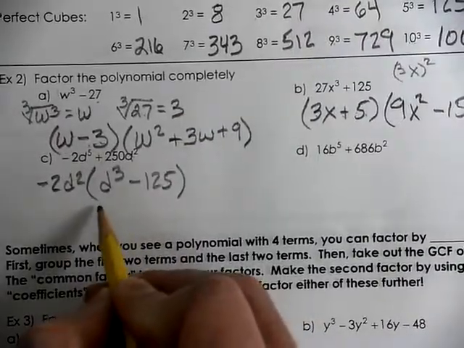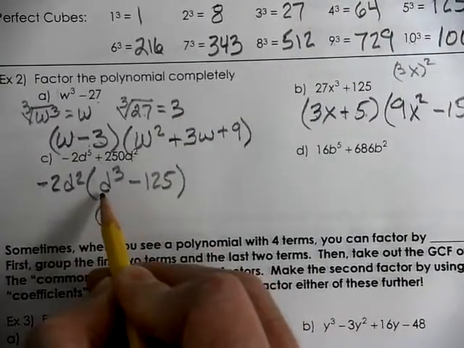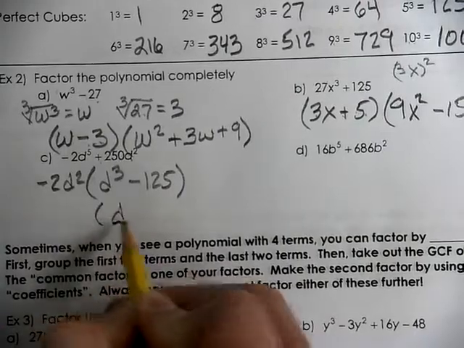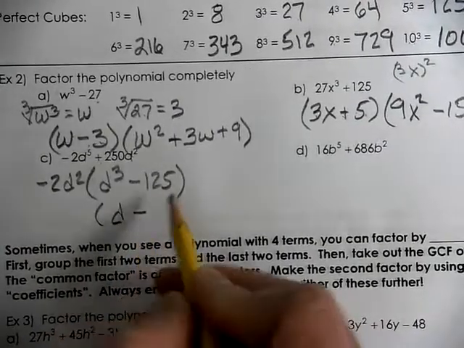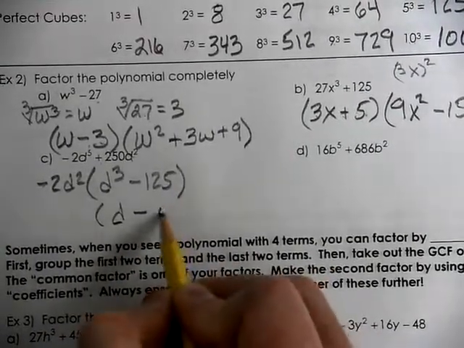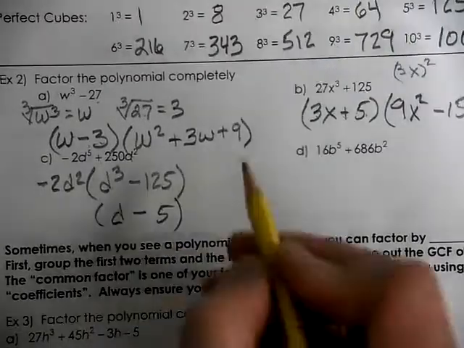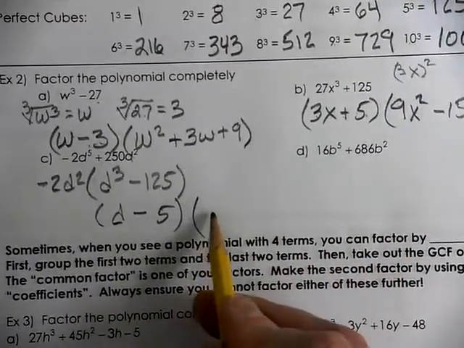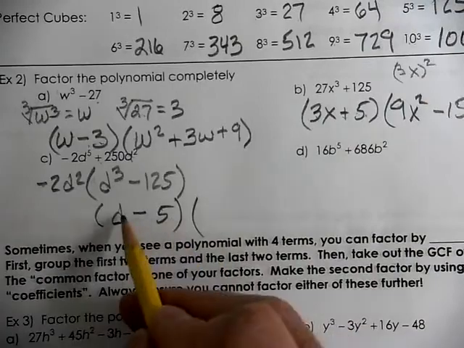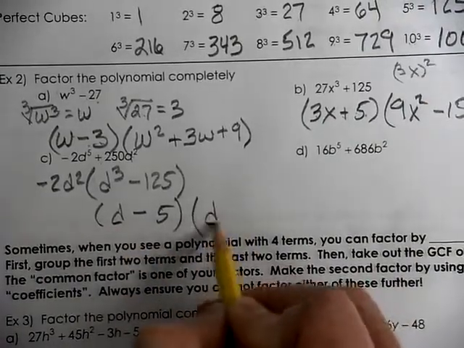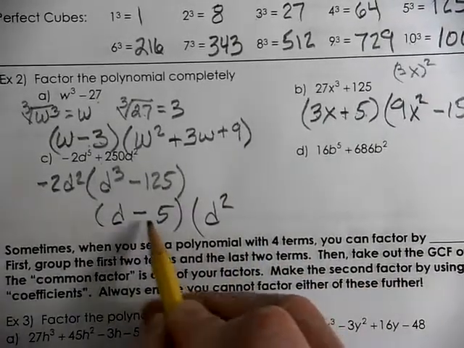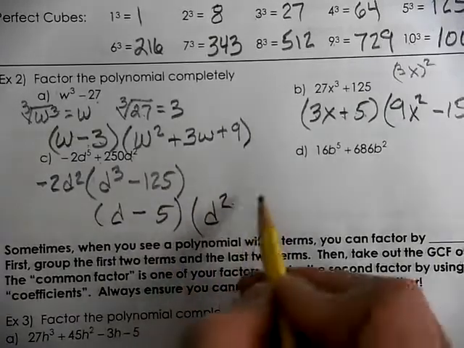So I take the cubed root of the first term minus the cubed root of the second term. What's going to go next? D squared. What's my next sign going to be?